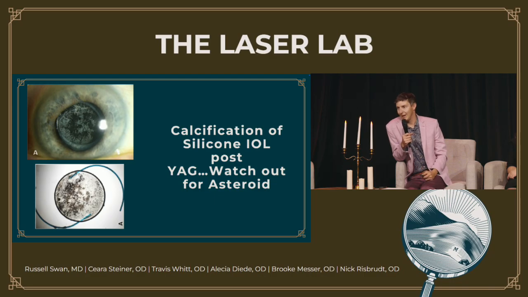You cannot YAG that off of the lens. It's impregnated onto the posterior surface of the lens, and so this is a lens that has to be explanted and a new lens put in if this were to happen. So again, it's actually one of the reasons that silicone lenses as a whole have become less common in the United States, just because of this theoretical risk. So, nice work.